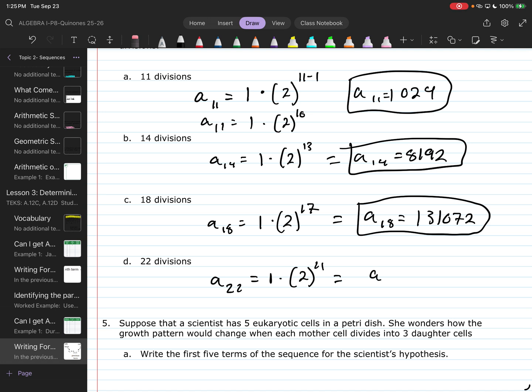Which means that a sub 22 is equal to what? 2 million. 2,097,152. It's 2 million.